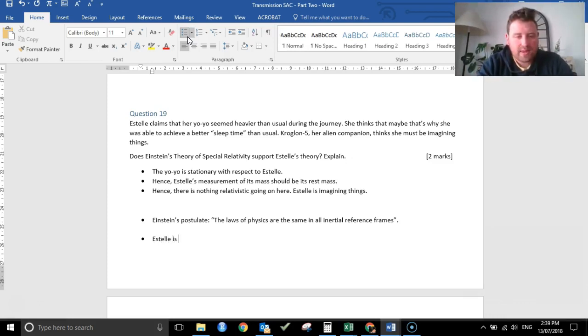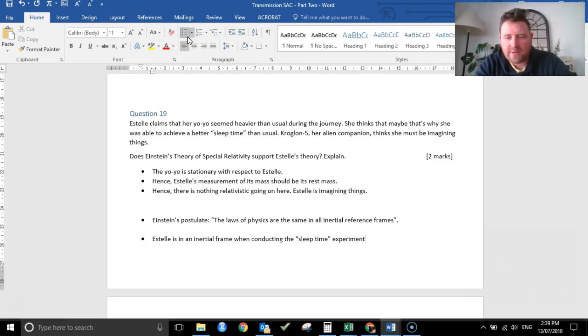Estelle is in an inertial frame when conducting the sleep time experiment.